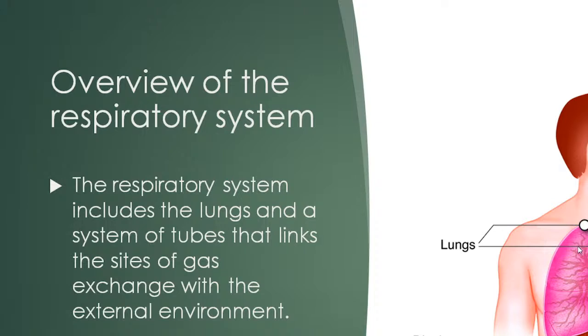Bronchi divide into bronchioles. And the lungs consist of respiratory bronchioles, alveolar ducts, alveolar sacs, and small alveoli.